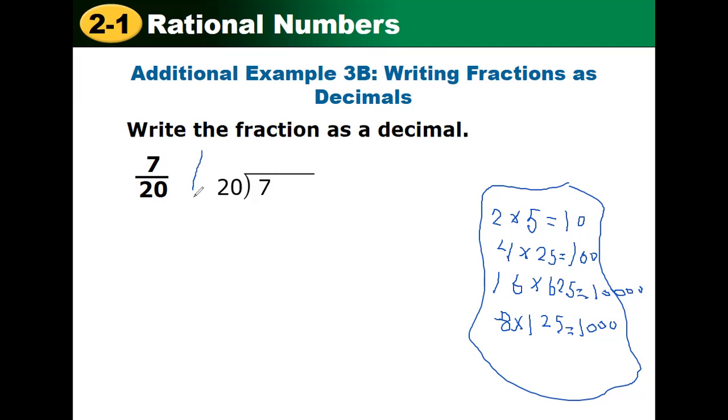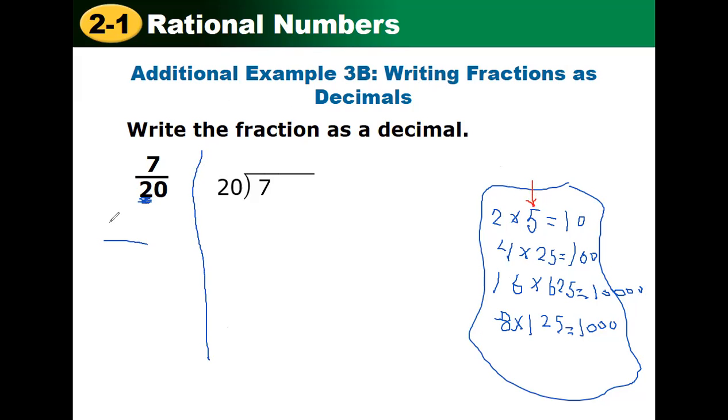I'm going to answer this question in two different ways. First way, look at the denominator. The denominator is 20, but we have 2. Is there any friend here with 2? Yes, we have, which is 5.